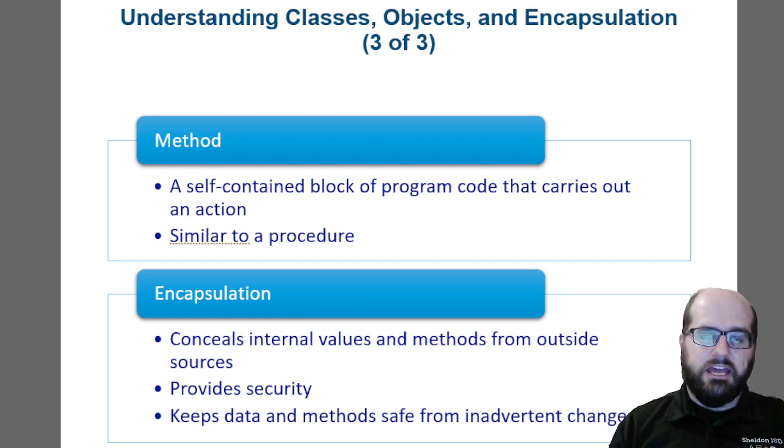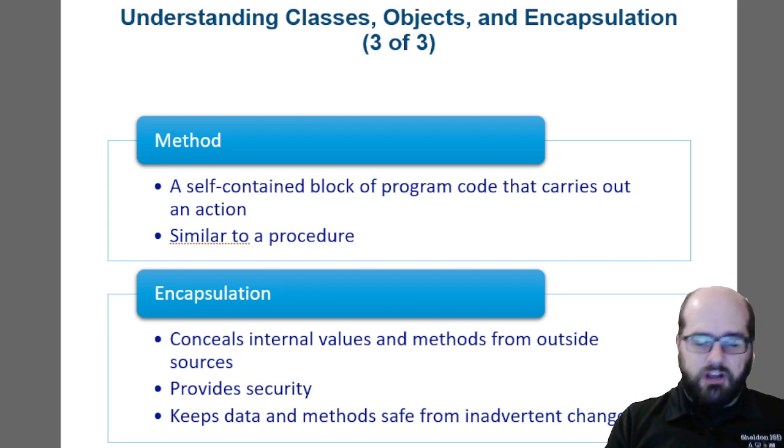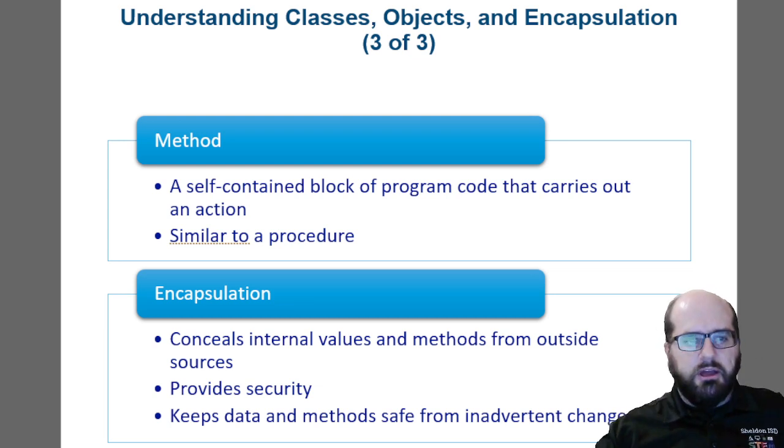But at the end of the day, encapsulation helps to provide a certain amount of security when we're dealing with data. It keeps data and methods safe from inadvertent changes from users that are either potentially sabotaging your program or just don't know what they're doing. It allows you to maintain the status of your program that way.